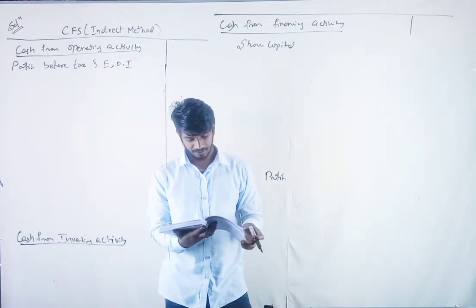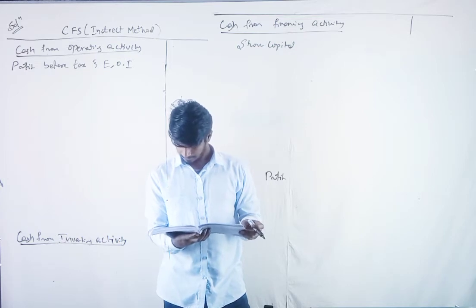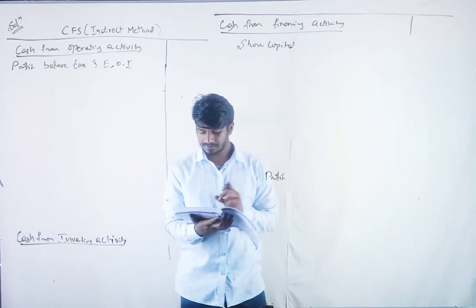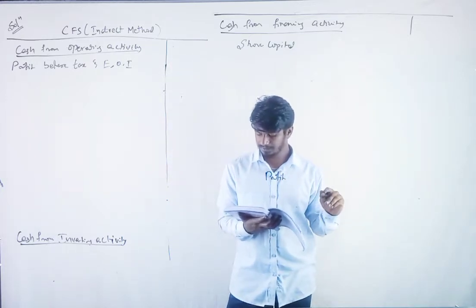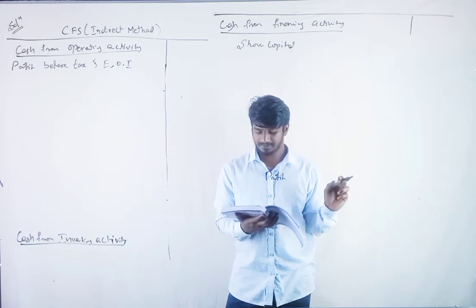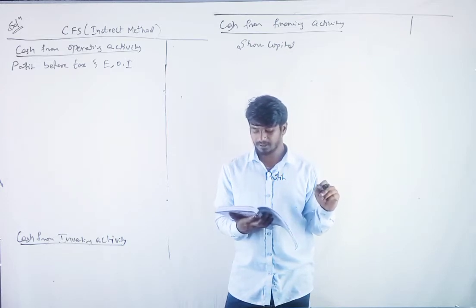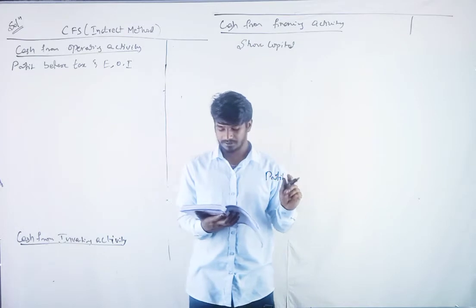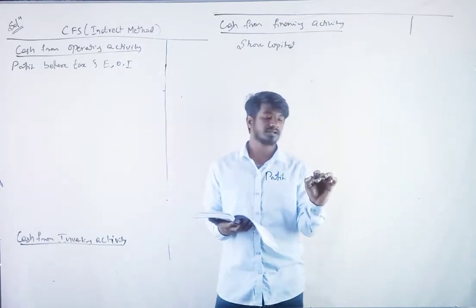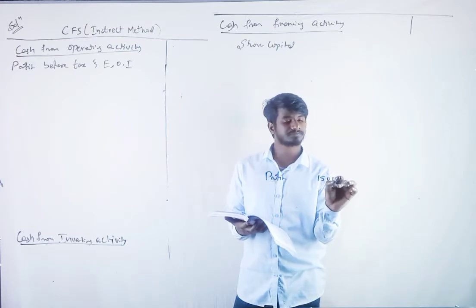How much have they given? In the reserves and surplus, directly they have given balance in statement of P&L account, means 6 lakhs in the opening, 7,50,000 in the end. 7,50,000 minus 6 lakhs is 1,50,000, the profit for the current year.